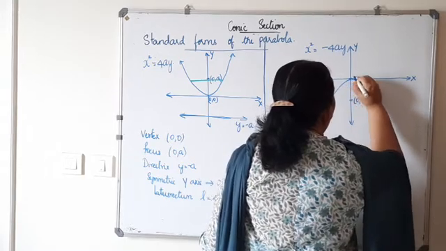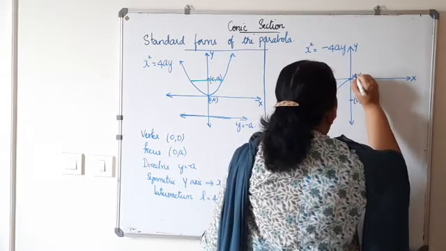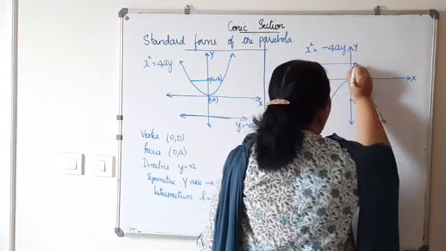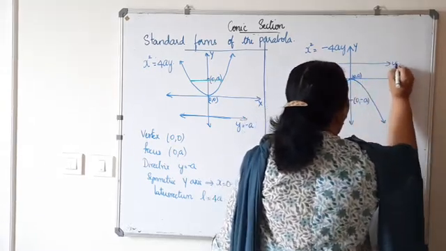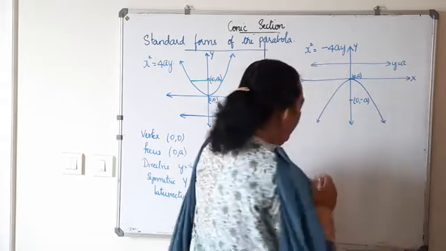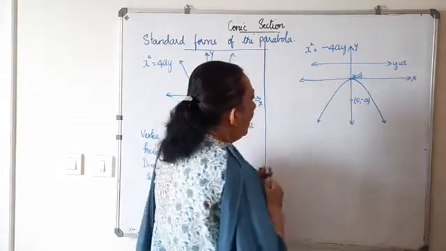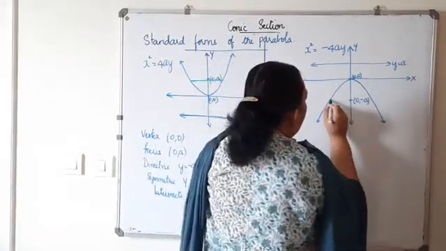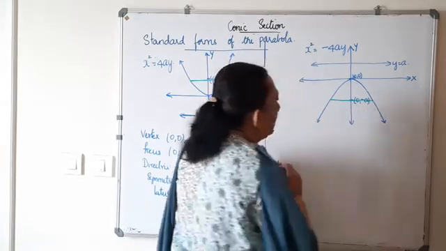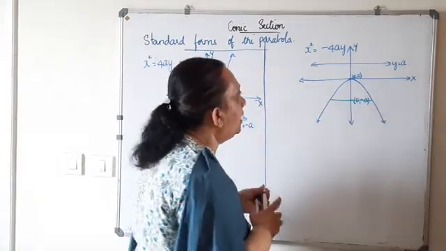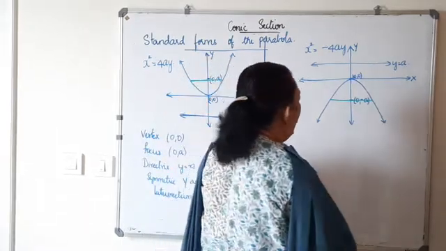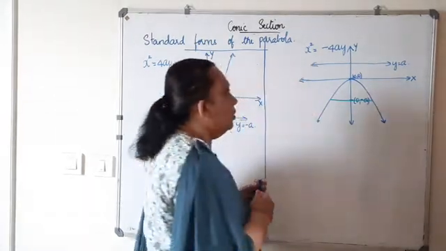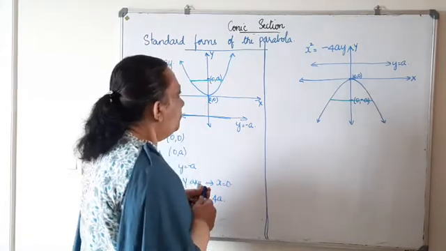Vertex is 0, 0, and its directrix is y is equal to a. Its latus rectum is a line segment passing through the focus, perpendicular to the axis, and the length of the latus rectum is also equal to 4a.